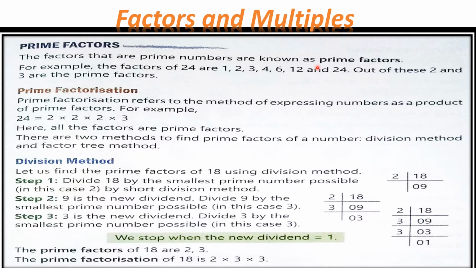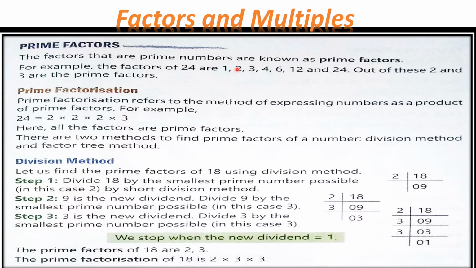So we know how to find out the factors. Suppose this is 24. Factors of 24: 1, 2, 3, 4, 6, 12 and 24. Out of these factors, which numbers are prime numbers? Those prime numbers are known as prime factors.